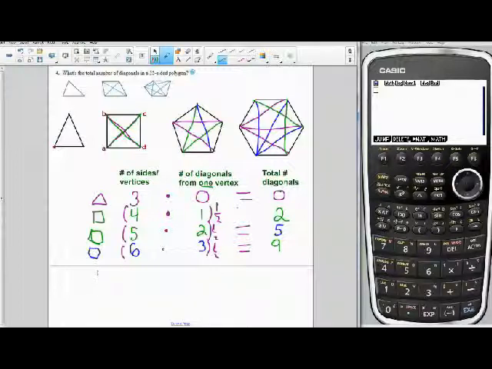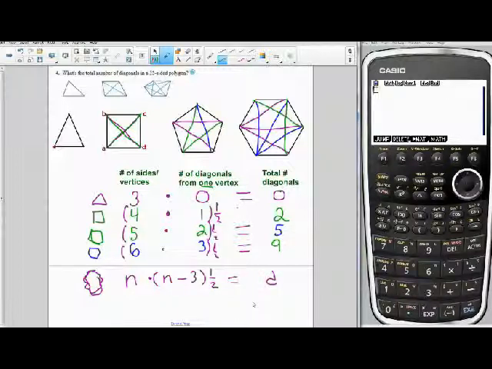Now, I have a polygon here with a lot of sides. We'll call that n number of sides, n number of vertices. And what we're doing here, if you notice, is we're down 3 on each one of these. So n times n minus 3, and we're going to multiply that by 1/2 to get the number of diagonals, which I'll call d.